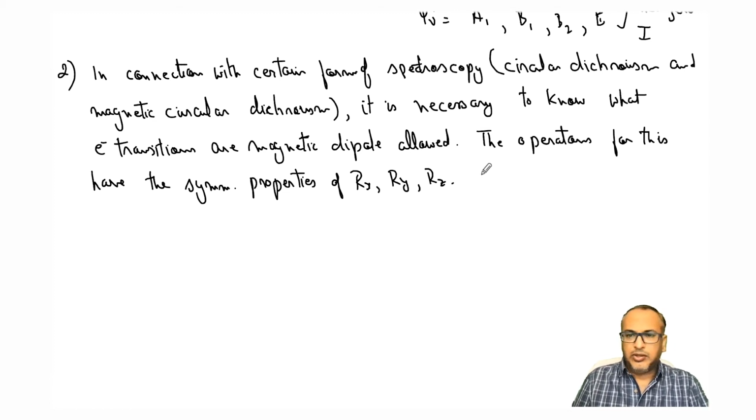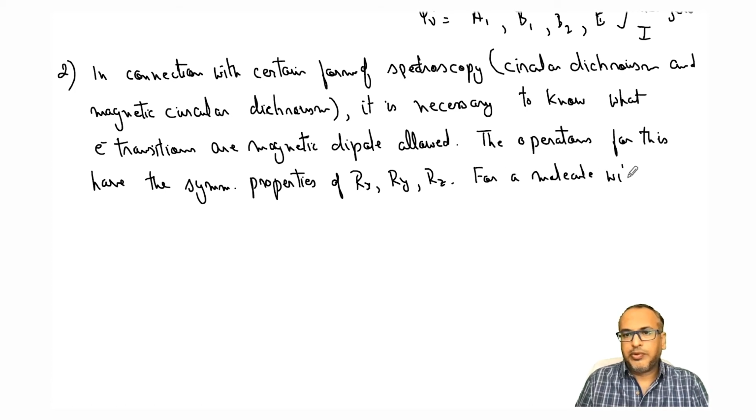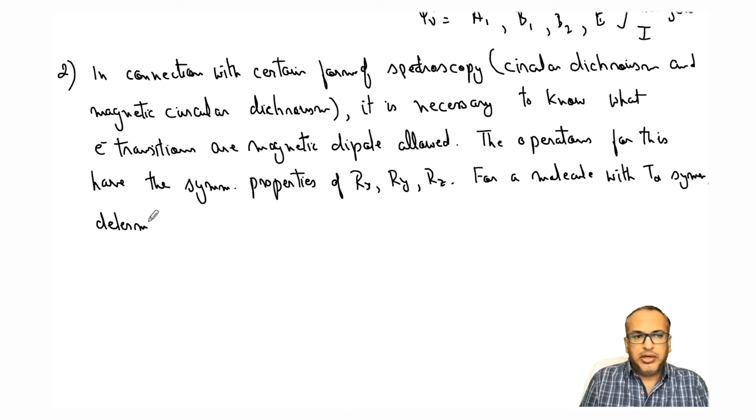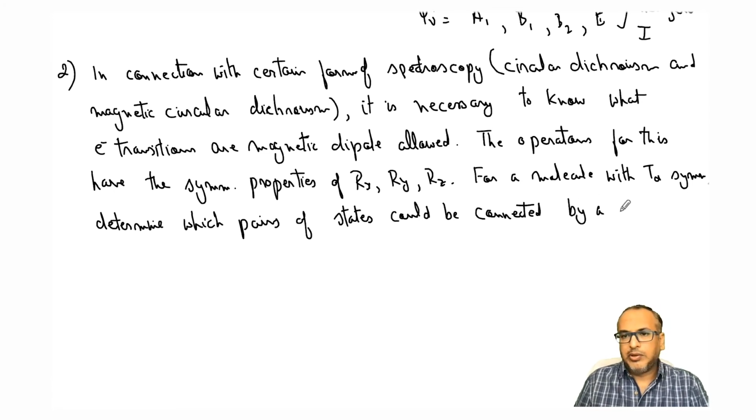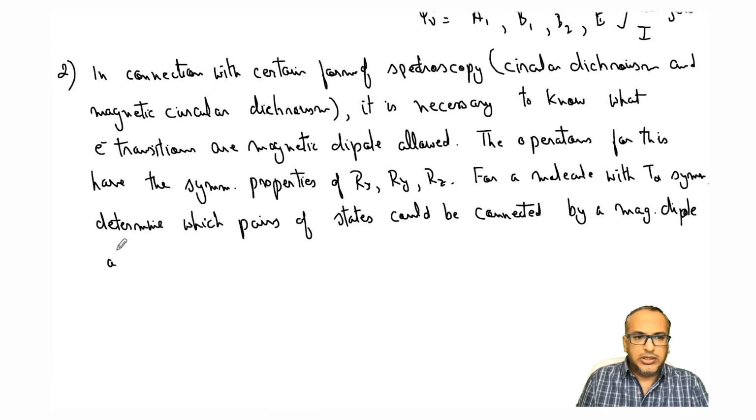So now the question is, for a molecule with tetrahedral symmetry, Td point group, determine which pairs of states could be connected by a magnetic dipole allowed transition.